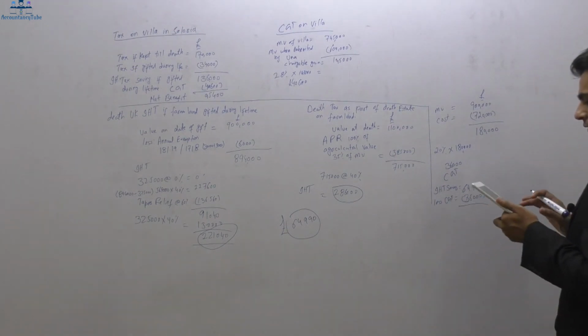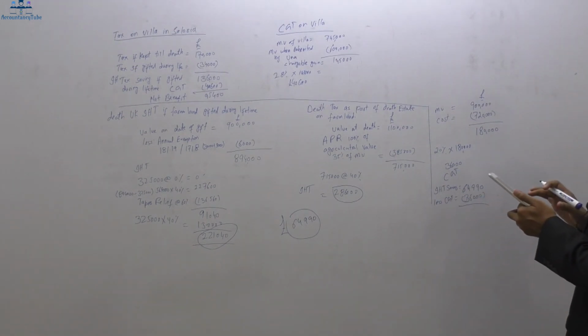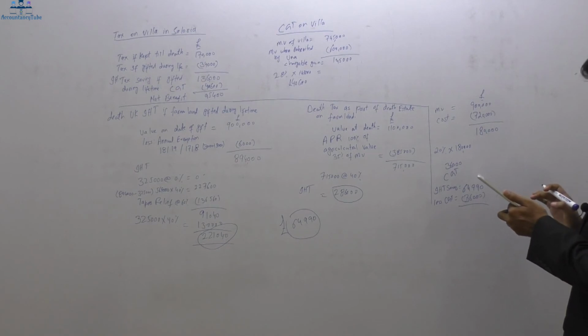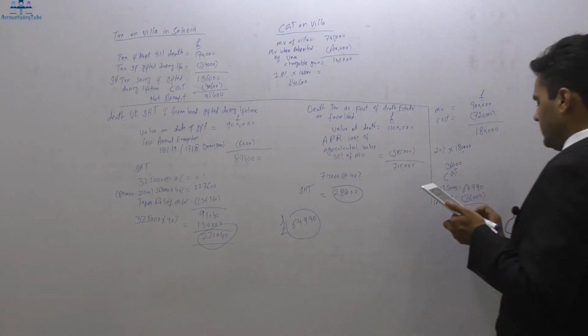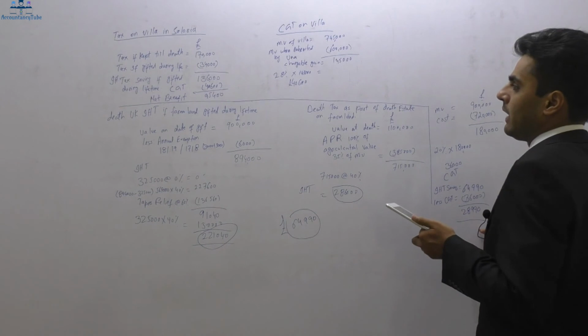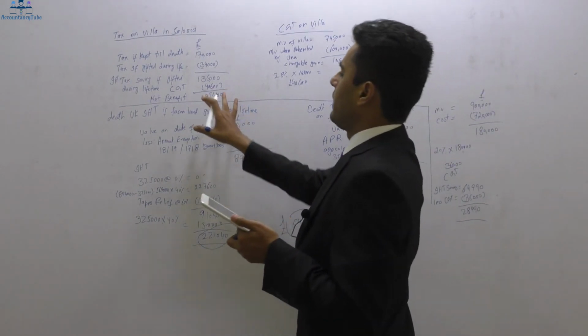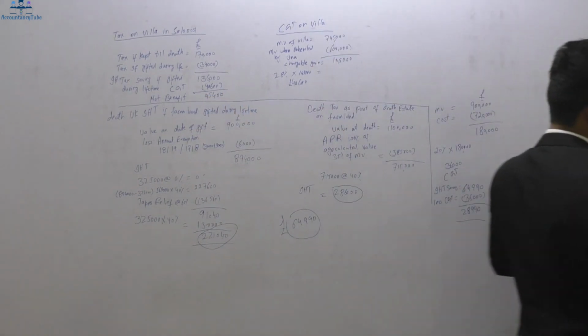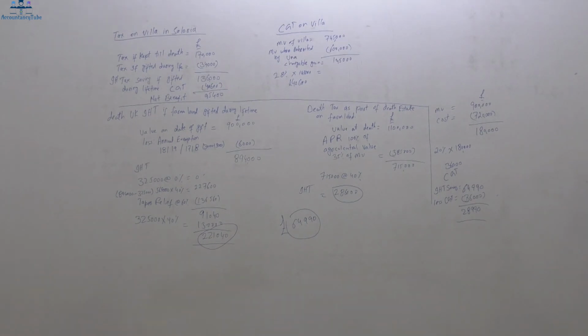So we'll have to see the difference. How much is the difference? 64,990 less £36,000. Difference is 28,990. Whereas the saving was 95,400 in the case of the villa.